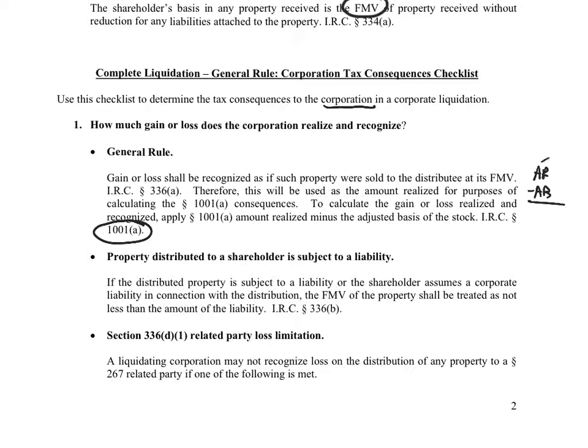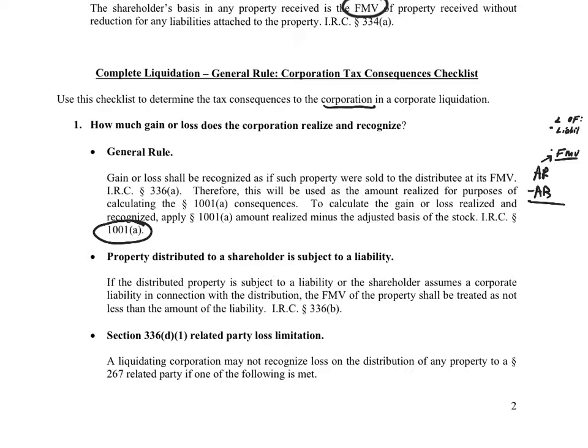It usually is going to equal the fair market value of the property, but there's actually a rule, just like we saw in Module 8. It's going to be the greater of the liability amount on the property or the fair market value, whichever is greater. The greater of those two. So remember we had that rule in Module 8 as well for distributions. It's the greater of the liability on the property being extinguished or the fair market value.